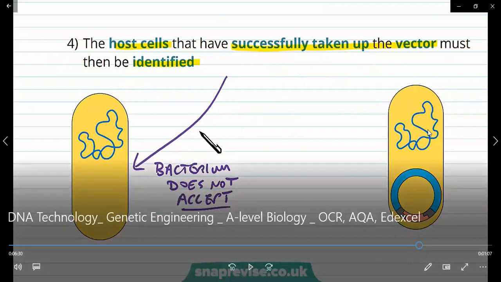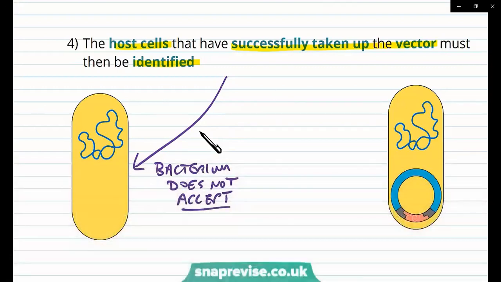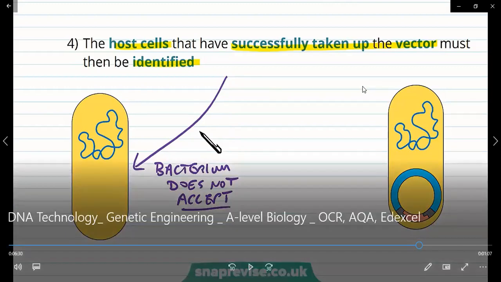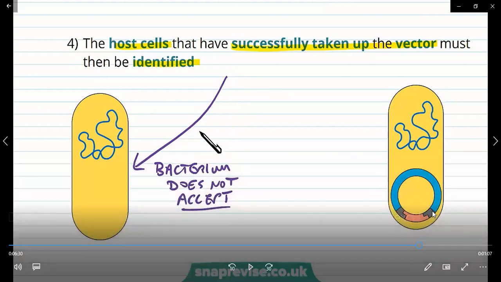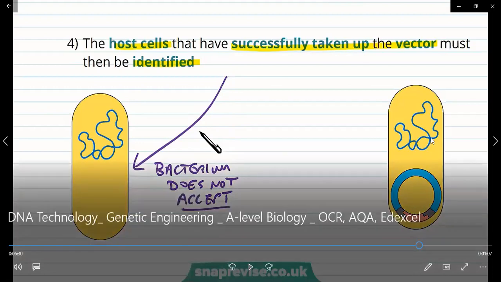So there is a process where you try to see which bacteria have been transformed, which ones have taken up your plasmid. To check this, there are various ways we can do it. Sometimes, apart from just the gene that you want to get inside of your plasmid, you can add another gene to it that can help you to identify your plasmid if it has been successfully taken up by the bacteria.